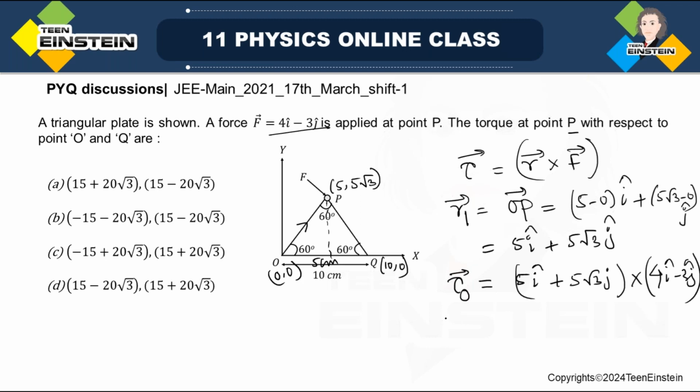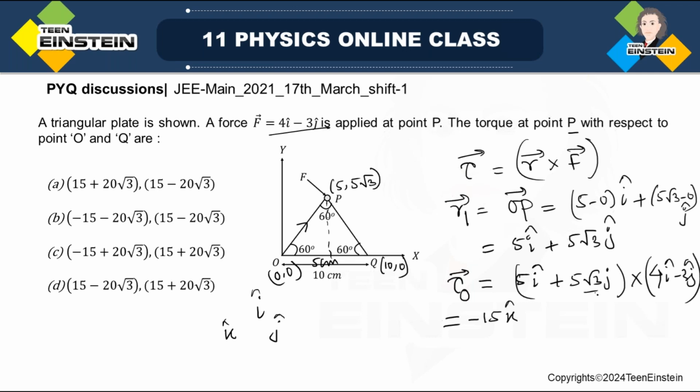Look, i cross i will give you 0 if you go with the cyclic rule. i cross j will give you k, but there is a minus sign here, so minus 15 k cap.